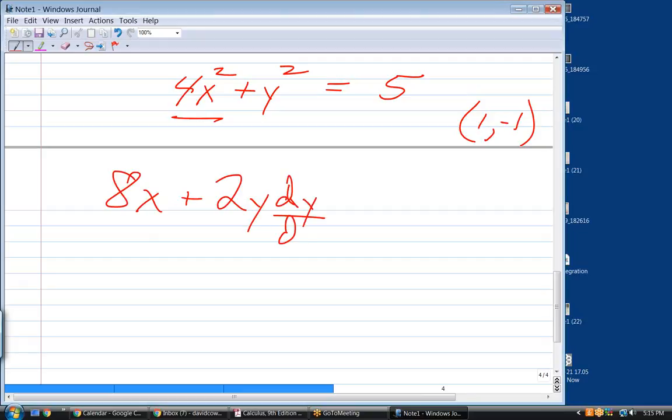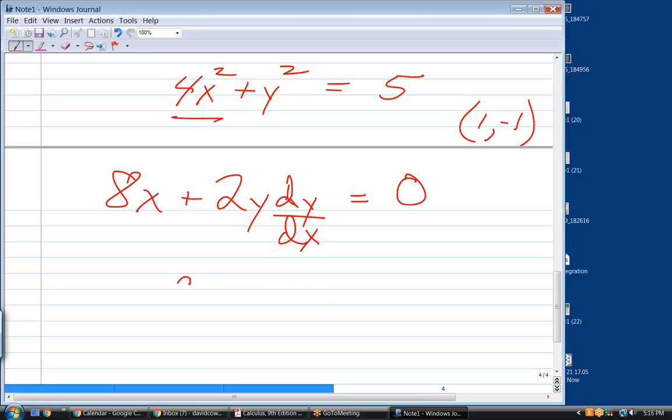It might be helpful to write it as dy dx in this case, because when you're doing implicit differentiation, it matters a lot what that denominator is. So the dy dx notation is more valuable than just y prime. Y prime doesn't tell us what we're differentiating with respect to. And the right side is 0.